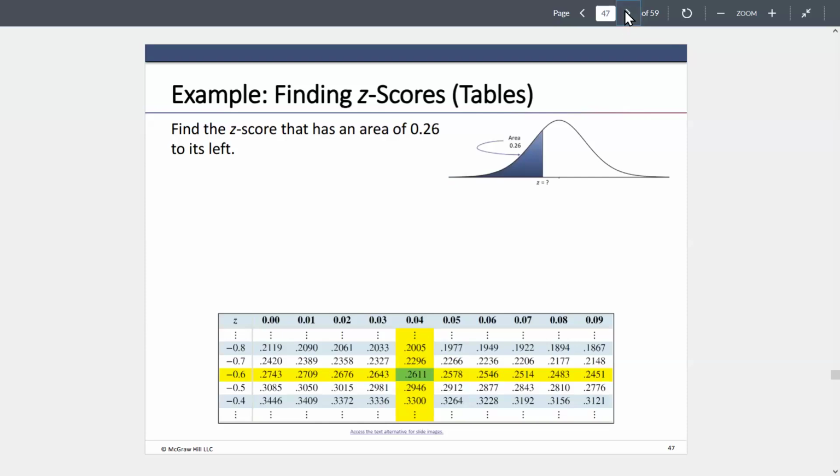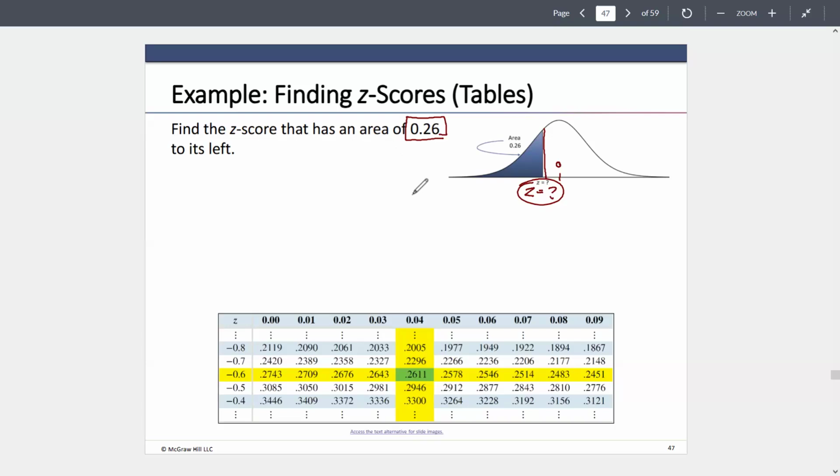Suppose we wanted to find the z-score for an area of 0.26 to the left. There is some mystery z-score that separates this lower part of my distribution, this 0.26, from this upper part. Remember, we are below the mean, so we'll be looking at the negative z-scores.